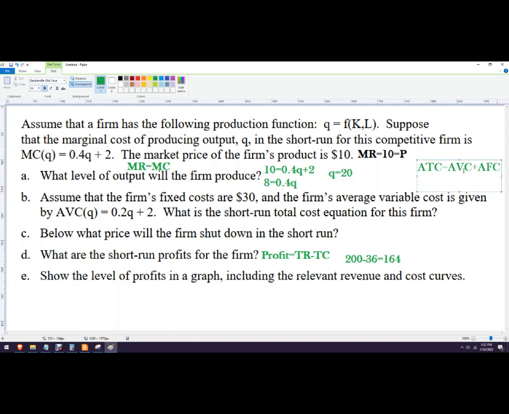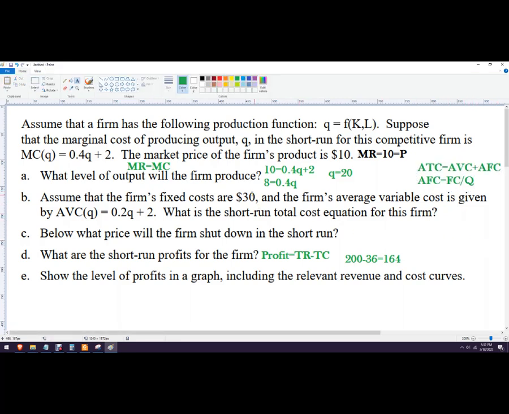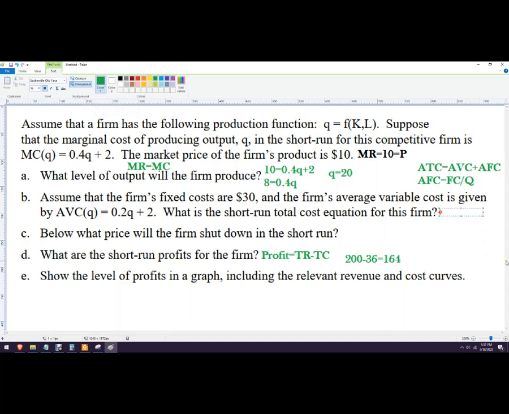And we already know average variable cost. So what is average fixed cost? Well, anytime you average anything, we're just taking the fixed cost and dividing it by the quantity. So that's relatively easy. In this case, it's 30 divided by Q. And we'll just add that.